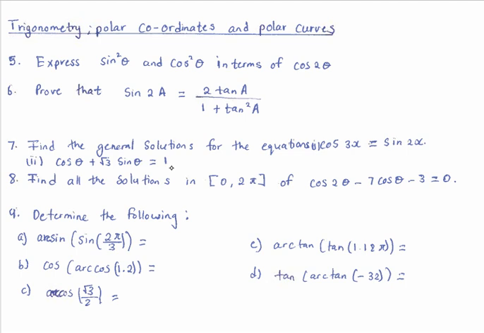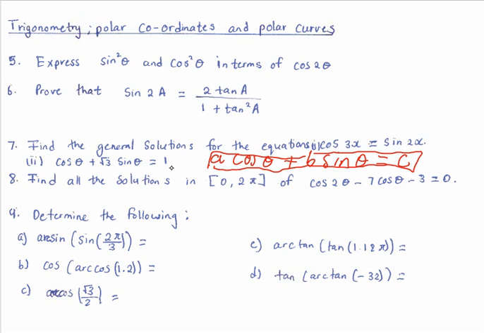So this is a form where you have a cos theta plus b sin theta equals c. If you recall this general equation, we talked about how to simplify it, I mean, how to solve for the general solutions of this type of equation.